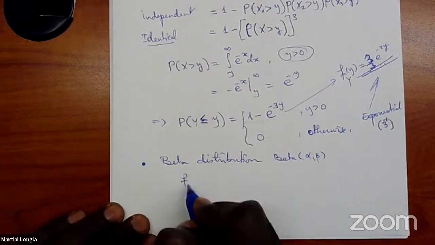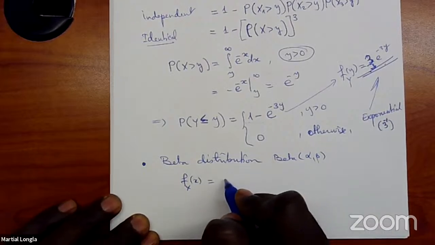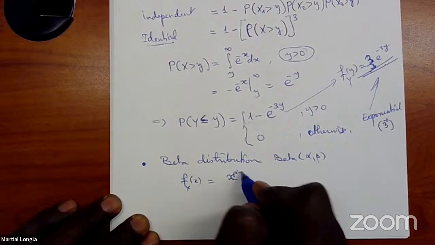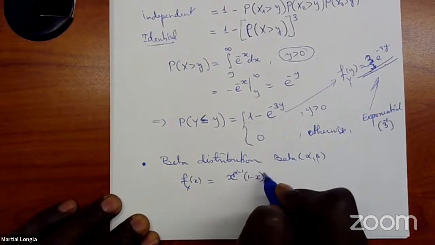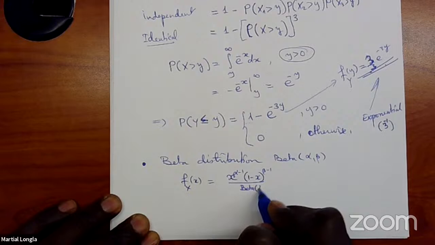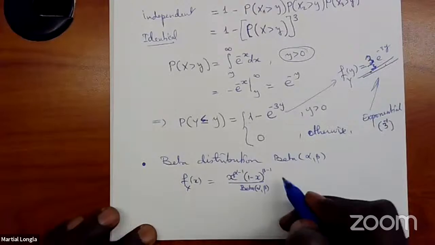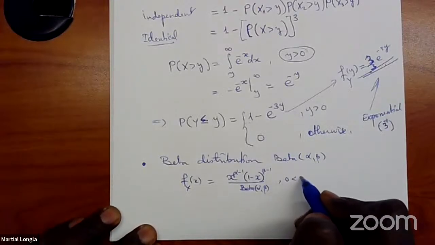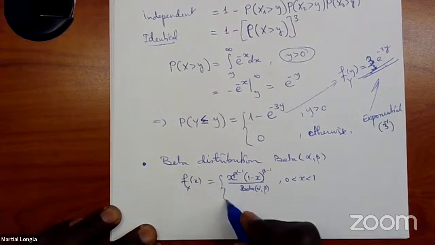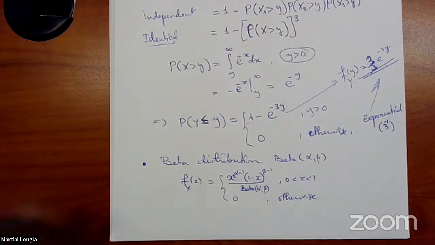The density of x is x to the power alpha minus 1, times 1 minus x to the power beta minus 1, over B of alpha, beta, where B of alpha, beta is the beta function. Here you want x to be between 0 and 1, and 0 otherwise. So the density of that function is between 0 and 1, and everywhere else it's equal to 0.